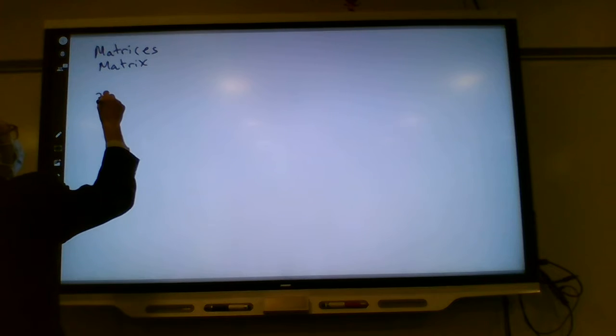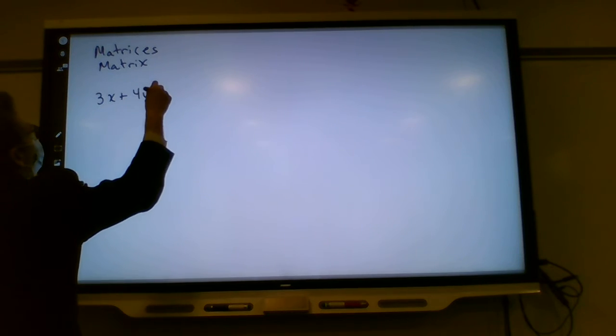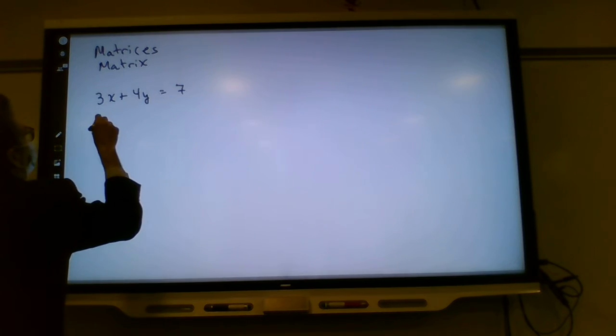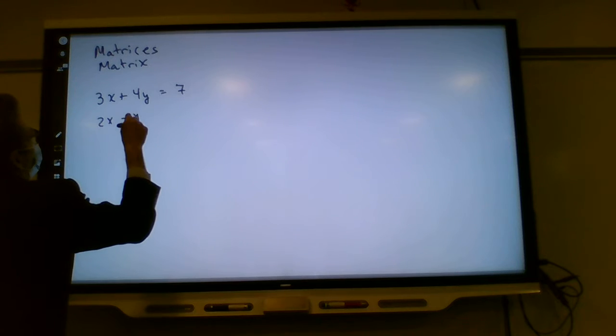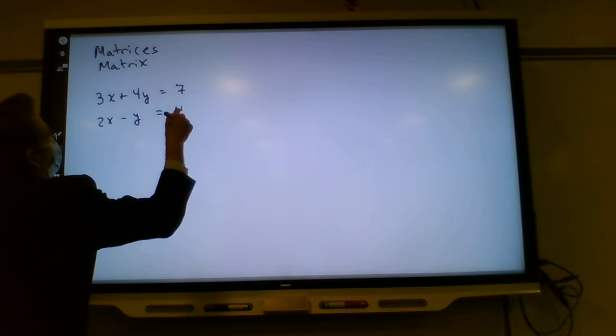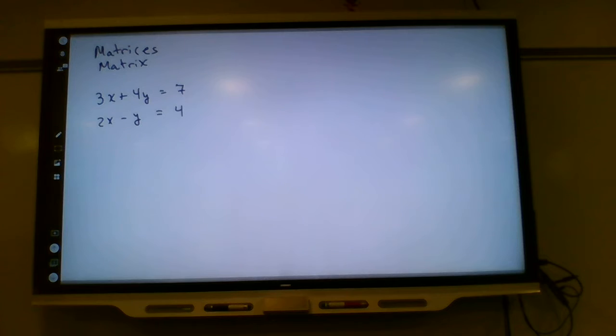Linear algebra, in most disciplines that use it, usually starts off with the idea of solving a system of equations.